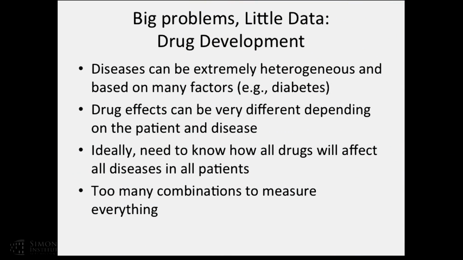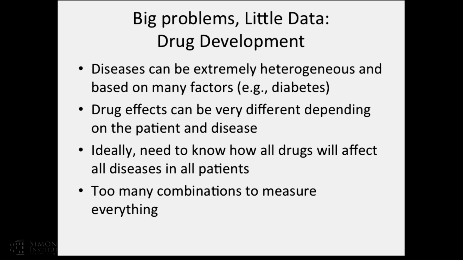And let me just try to motivate that a little bit more in terms of a little bit of biology and medicine. Diseases are, as we know, many of them quite complex, and can be affected by many variables. We each have different genomes, that affects things.